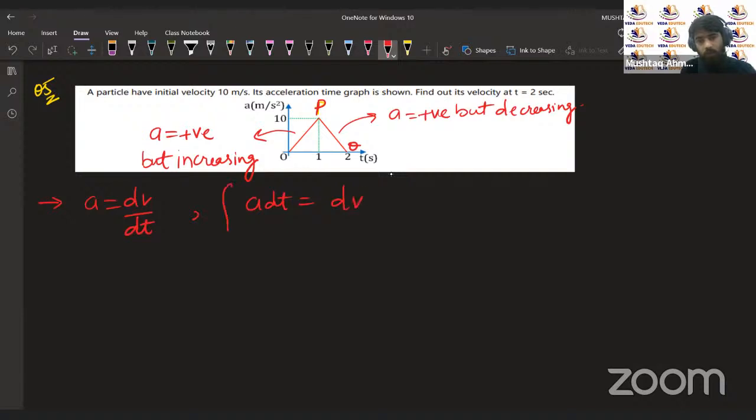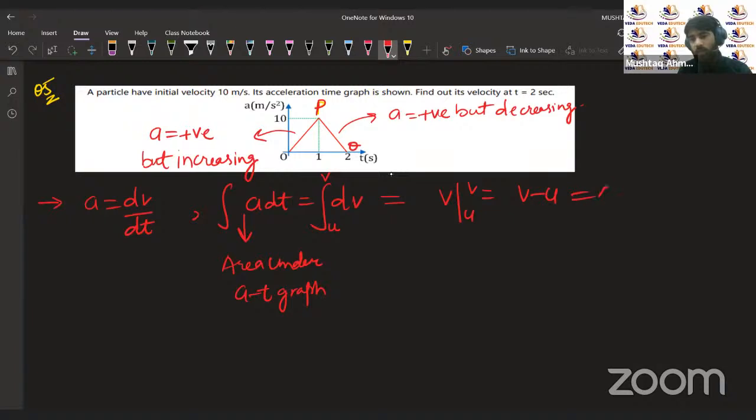If we integrate acceleration with respect to time, and velocity with respect to velocity, and suppose initially the velocity was u and final velocity is v, this represents the area under the a-t graph. So integrating from u to v gives v minus u, that's delta v, the change in velocity.